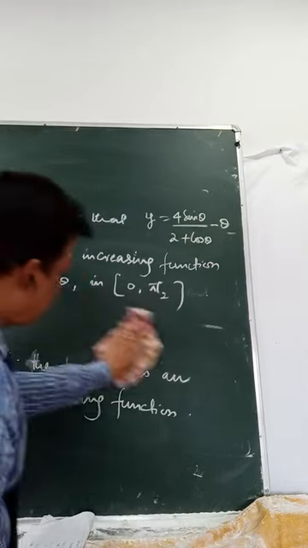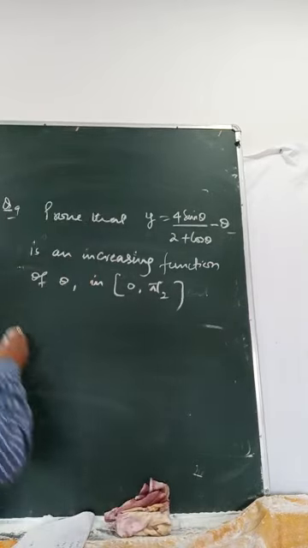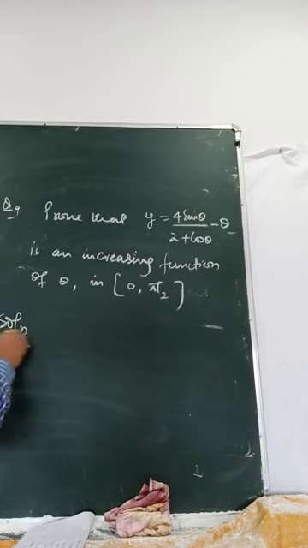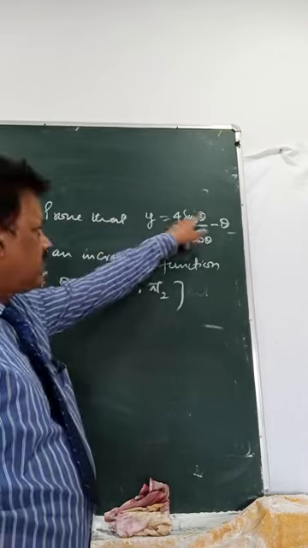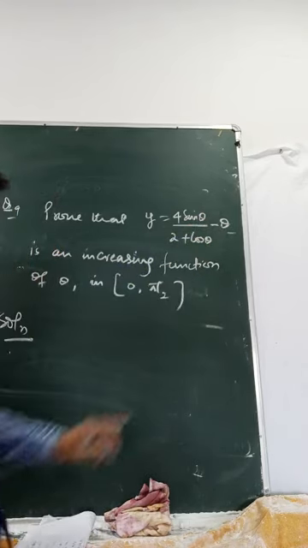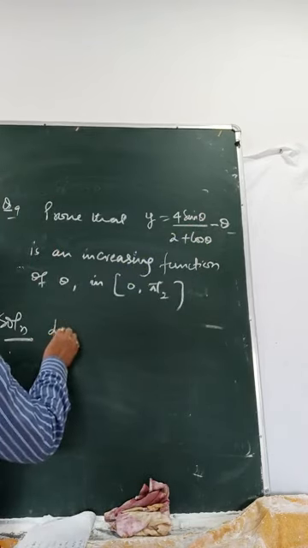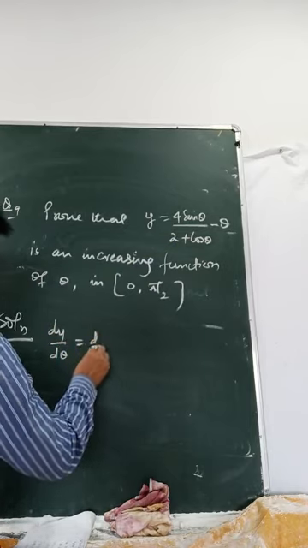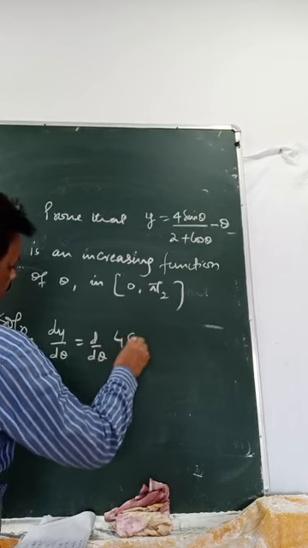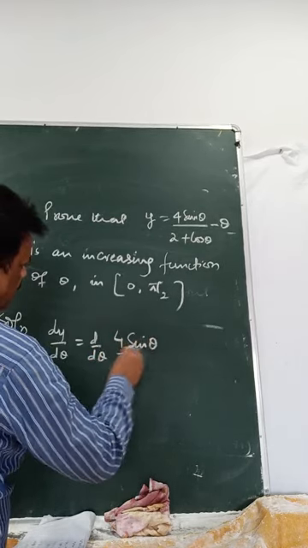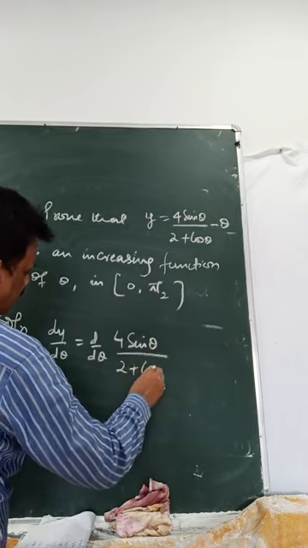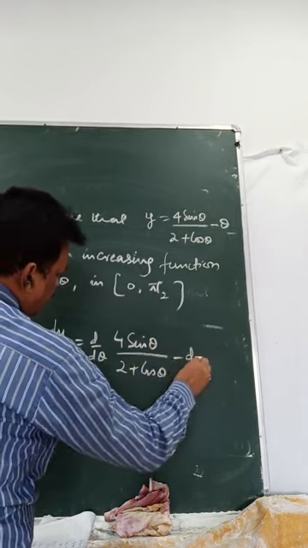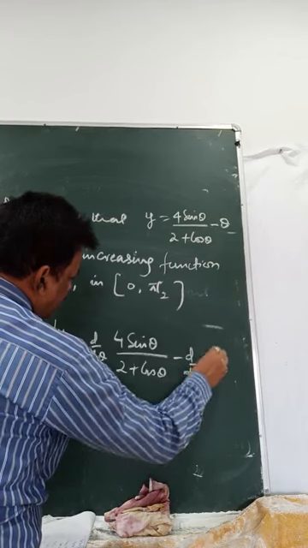Okay, let's find the derivative. How to find y as a function of theta? So we will find dy by d theta equals d theta of 4 sin theta by 2 plus cos theta minus d theta of theta.